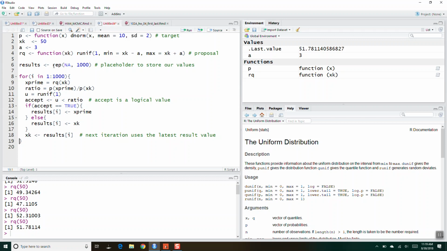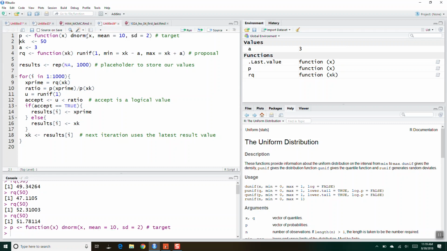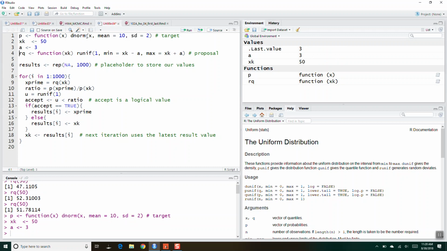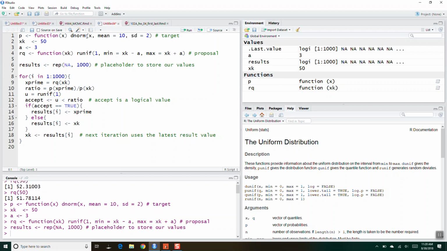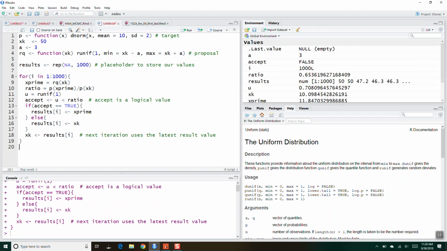We just kind of did it on the fly. We said we're starting off here. We're going to propose a value, right? RQ is a way to propose a new value. We're going to calculate the ratio, and then we'll see, do we accept it or not, and we'll go. Okay, so we got this. Our current value is 50. Our plus or minus is 3. We're going to create 1,000 things, and then we run.